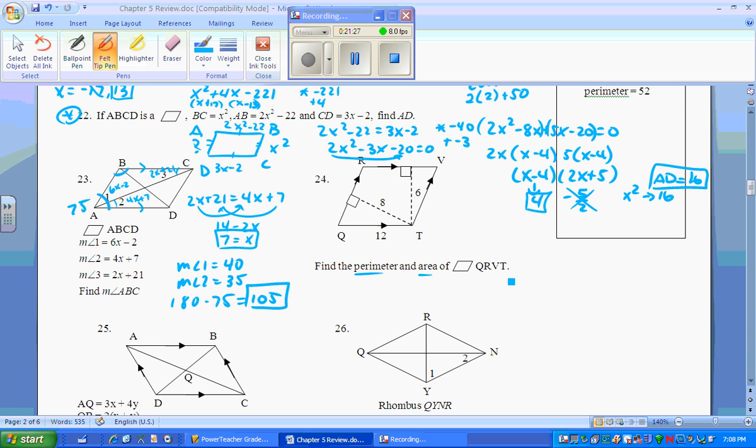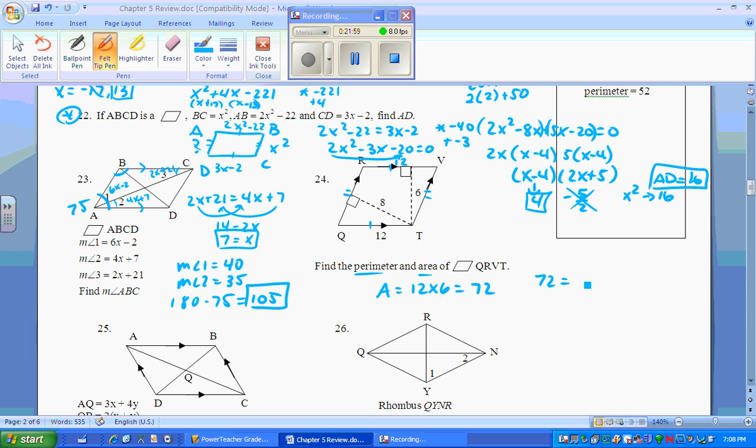24, find the perimeter and area of this parallelogram. Well, the side is 12 because opposite sides are congruent. This is the base to this side of 12. So the area is going to equal 12 times 6, giving you an answer of 72. You know that the area is 72 and the height this way is 8, so we need to find the base.